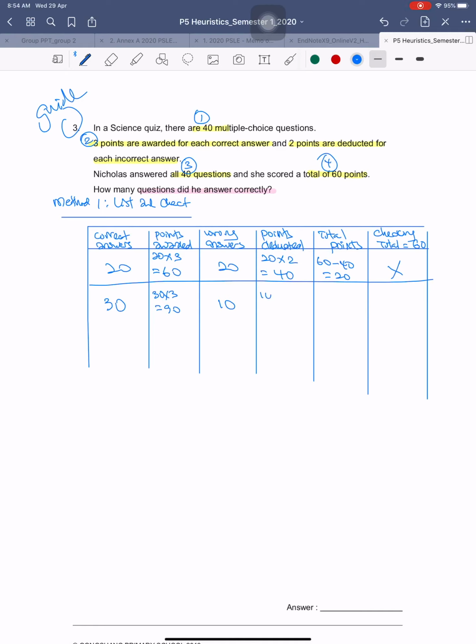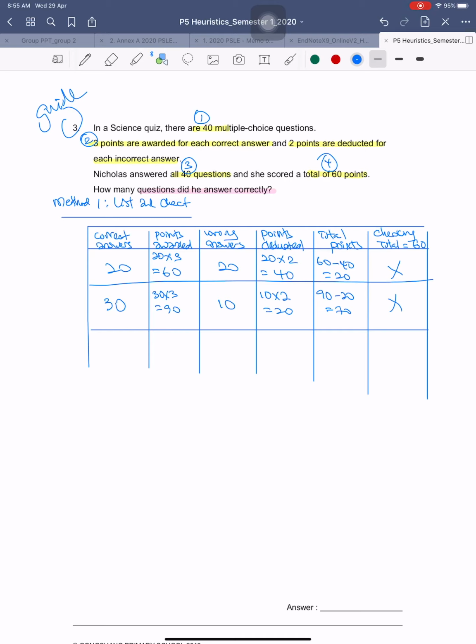And if we make 10 mistakes, that will be 20 marks deducted. That means the total points must be 90 minus 20, 70. Cannot, the total must be 60.